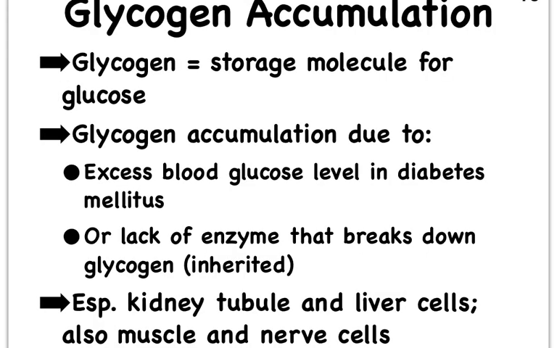Cells can also accumulate the polysaccharide called glycogen. Remember, glycogen is basically the storage molecule for glucose. So if you stick a bunch of glucose molecules together, I'm going to put a little N here to imply that we have a long string of glucose molecules, then we form glycogen.